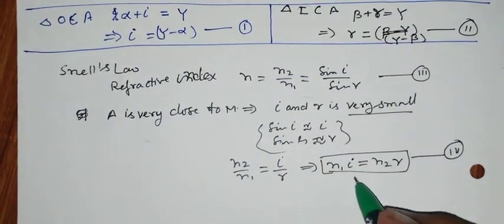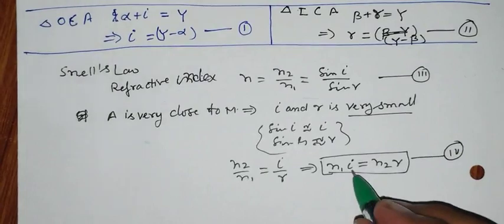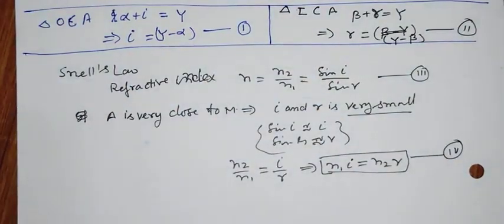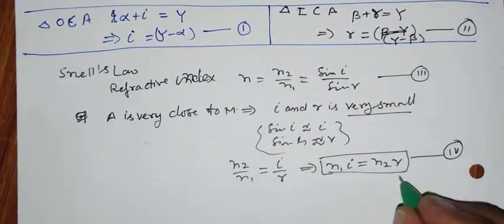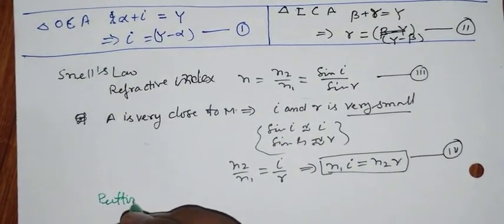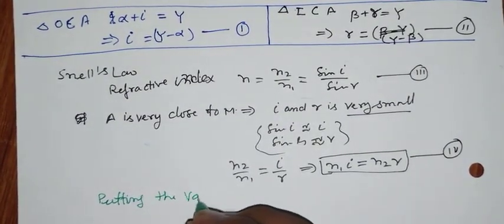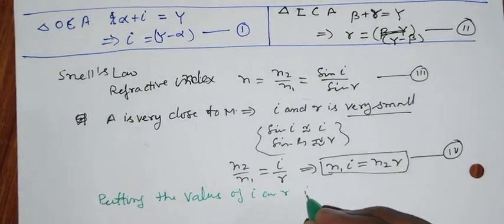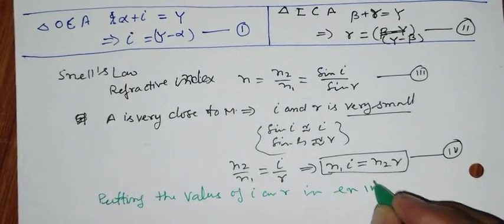Now, in equation 4, it is required to put the values of I and R from equations number 1 and 2. So now, putting the values of I and R in equation 4.